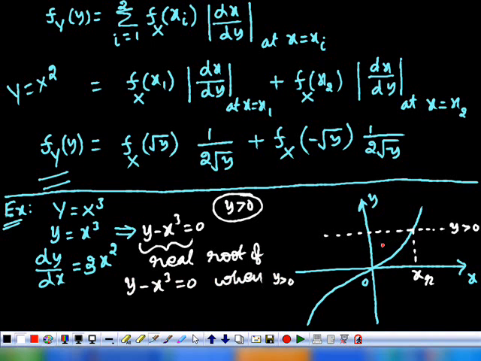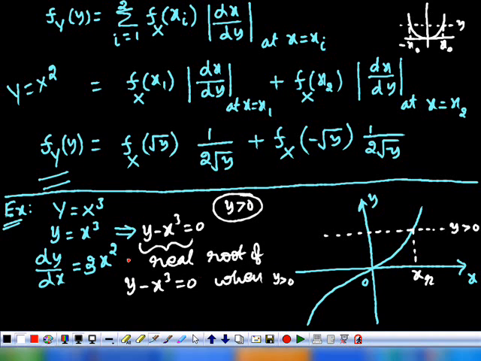So when y is greater than 0, corresponding to one value of y, we have a single value of x. But if you see, the x² problem is different. If you let this be y, corresponding to a single value of y, we have two different values of x. But in this case, corresponding to a single value of y, we have only one value of x.